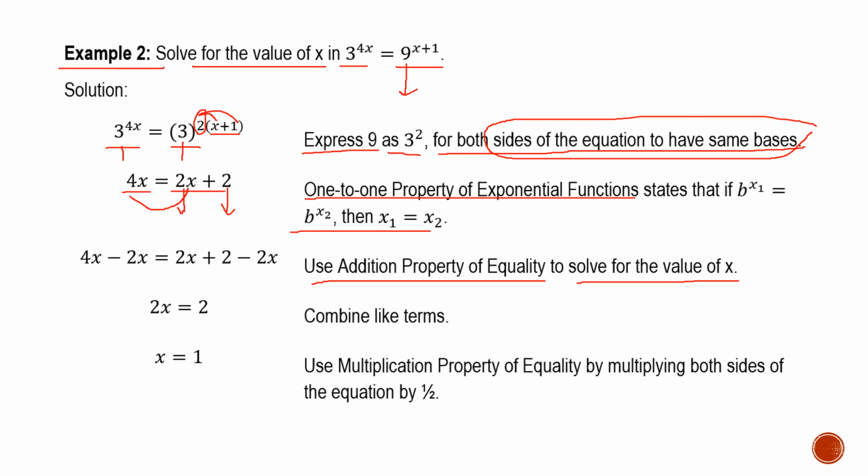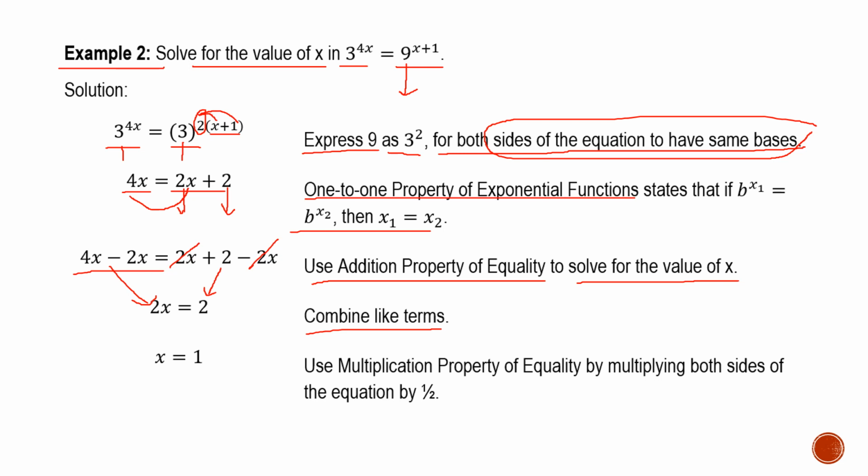by negative 2x. Now, since 2x and negative 2x will be cancelled here, 4x minus 2x is equal to 2x, then we copy your positive 2. So we combine like terms, because 4x and 2x are like terms.